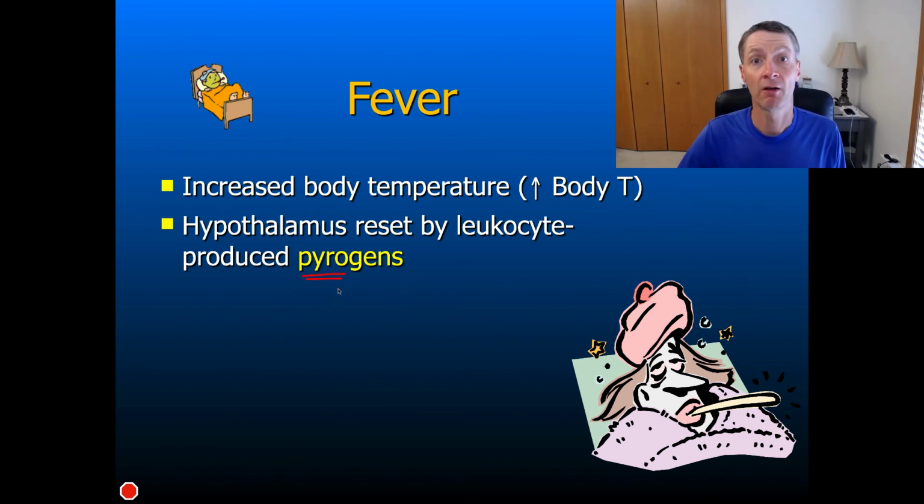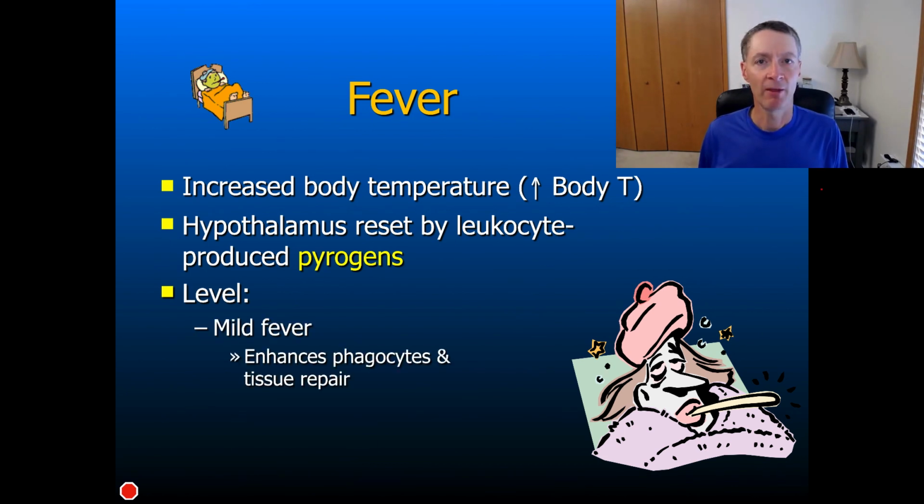Pyromaniacs start fires. Gen is you're generating something, making something. So these start a fire. These chemicals travel to the hypothalamus. The hypothalamus happens to be where we set our, it's like our thermostat, where we set our temperature for the body to exist at. And this can turn up that thermostat.